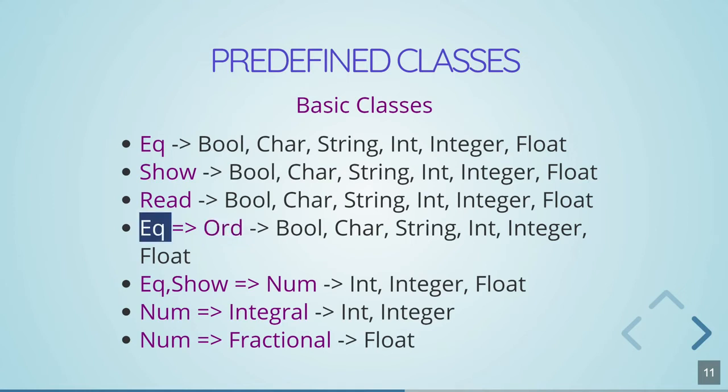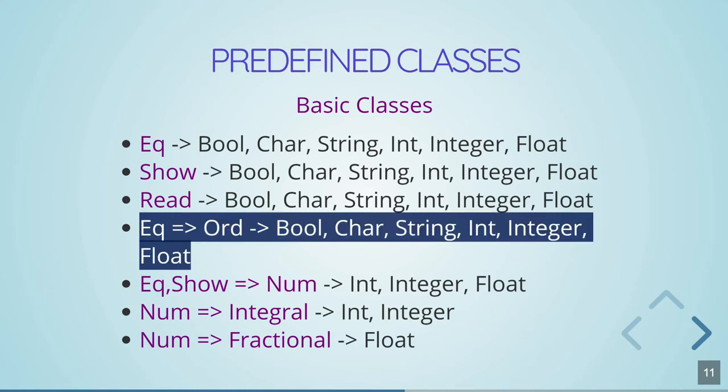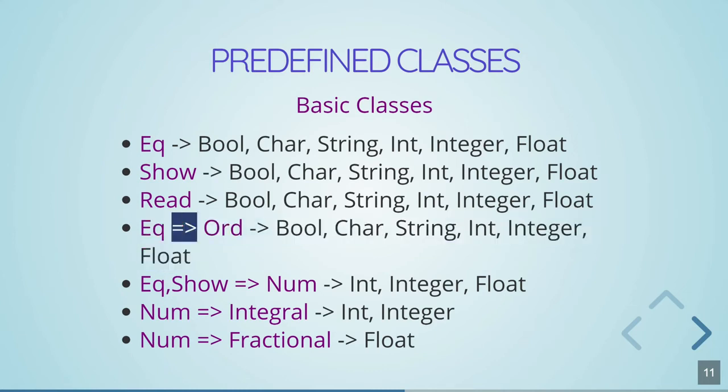So when I'm saying EQ and I use this operator here, this bind operator, ORD, what I'm saying is in order to have an instance for the orderable class for any of these types, you already have to have an instance of the EQ type.